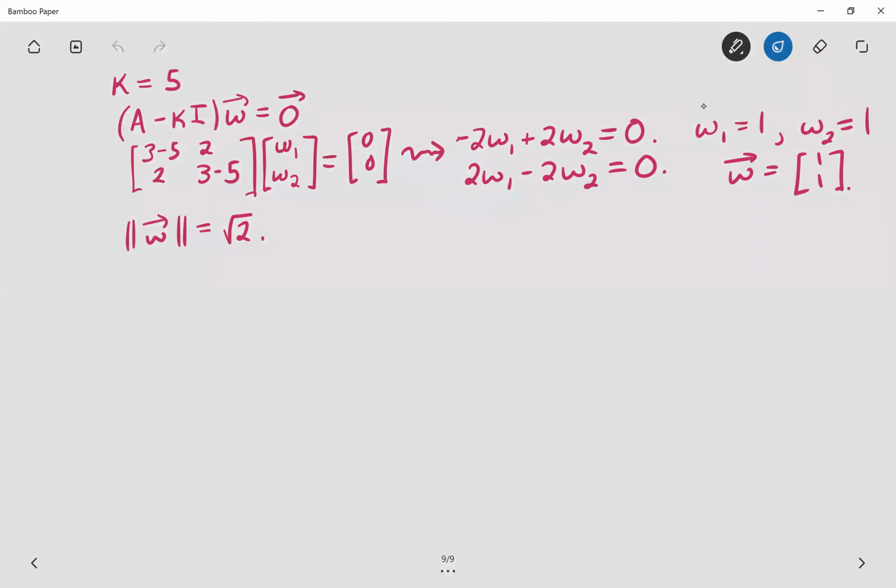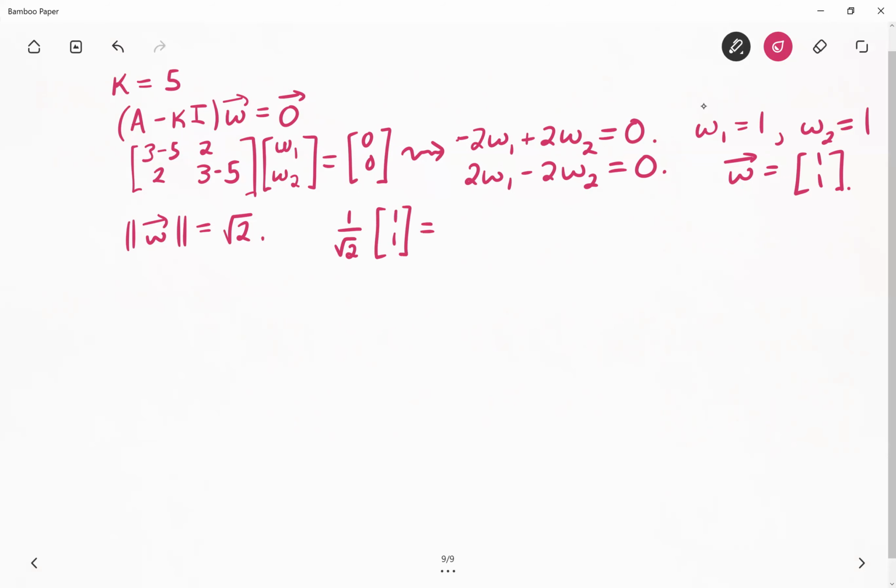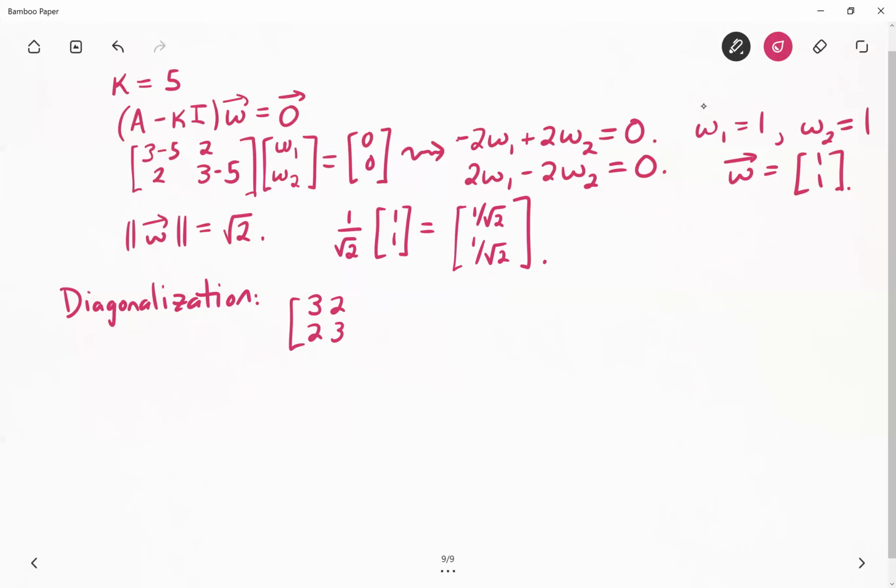Going back to this page, the same calculation as before. I'd like to make W a unit vector, so I will divide out by its length. And for W, we will get 1 over radical 2, 1 over radical 2. So the diagonalization of the matrix A, matrix 3, 2, 2, 3, is equal to A. We wanted to write that in the form P times D times P inverse.